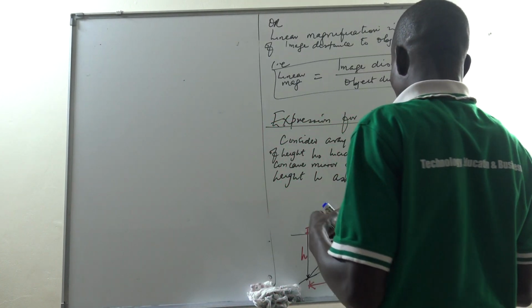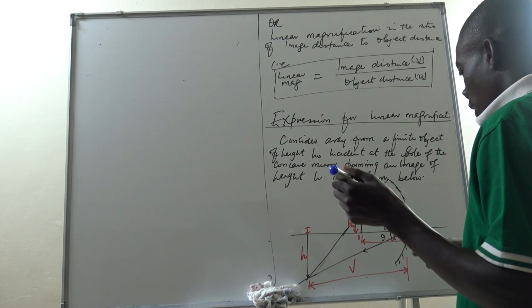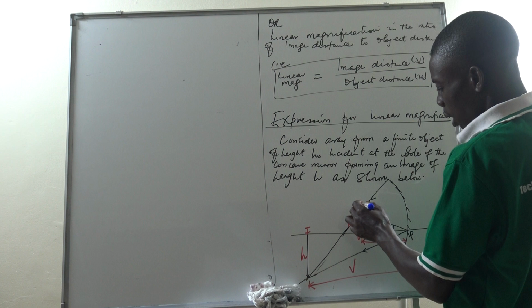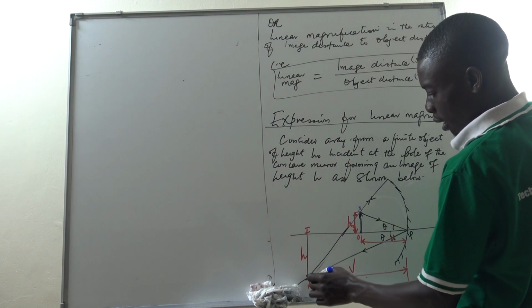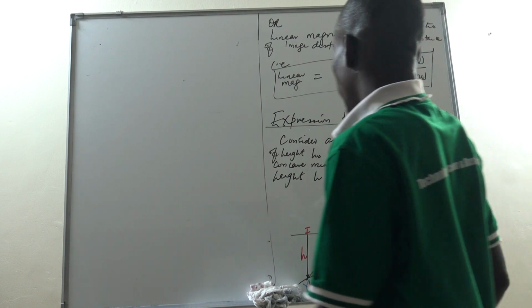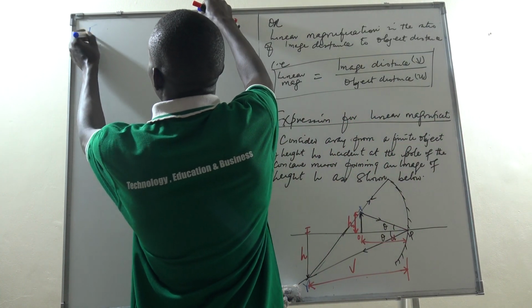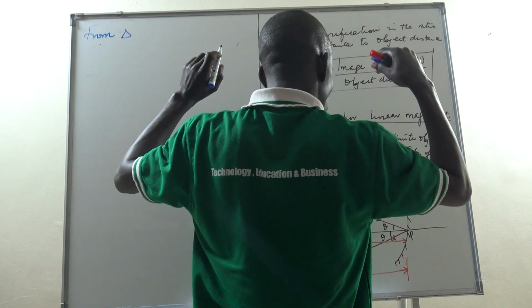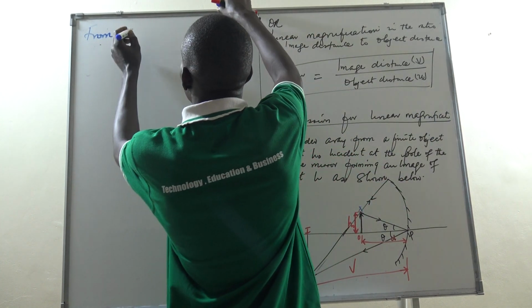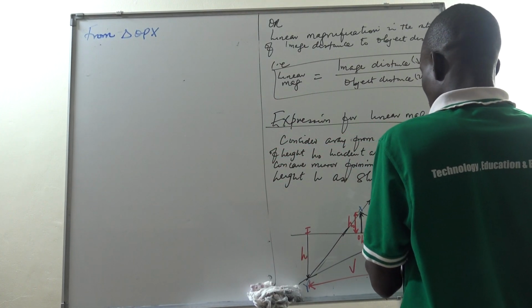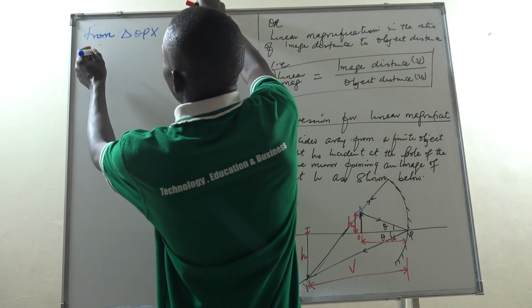We can now say, if I look at this one O, and then this is point X, this is point Y, I can say from triangle OPX, what is tan theta?